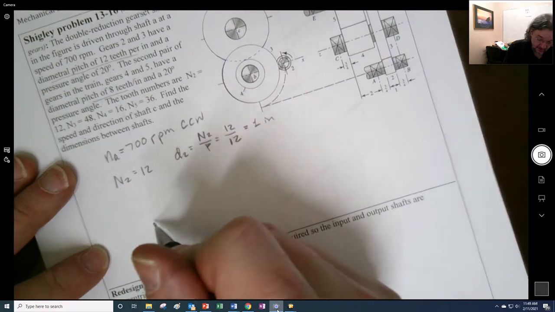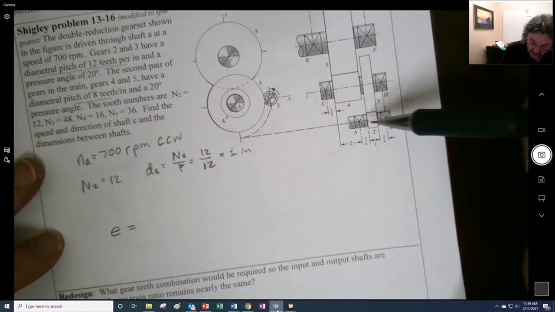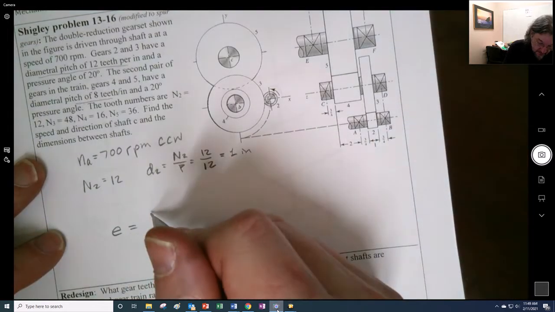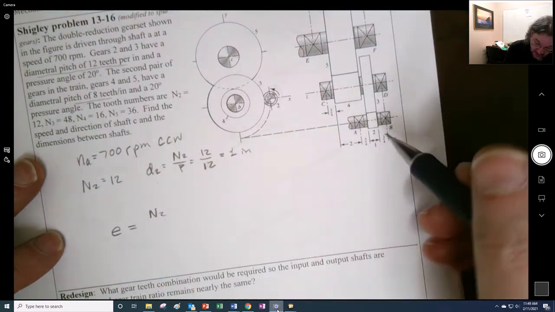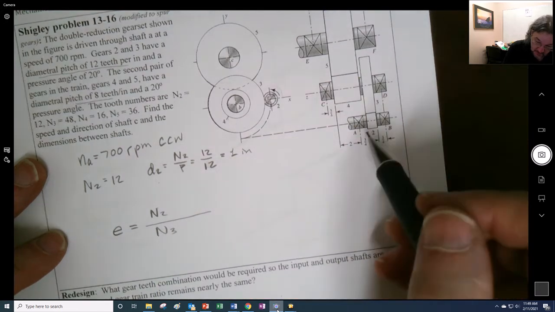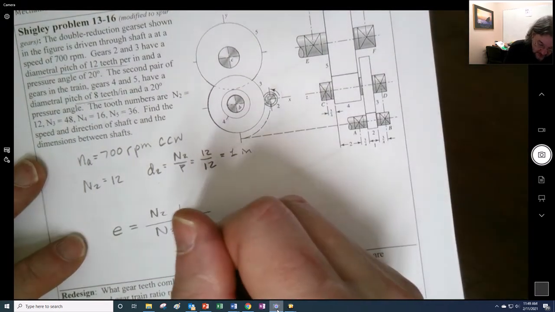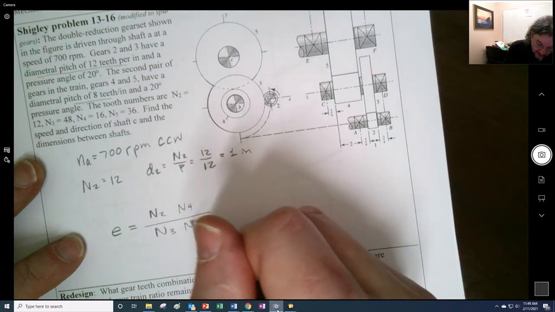All we need to do is find what the gear ratio is going to be. So 2 is driving 3, and 4 is driving 5.